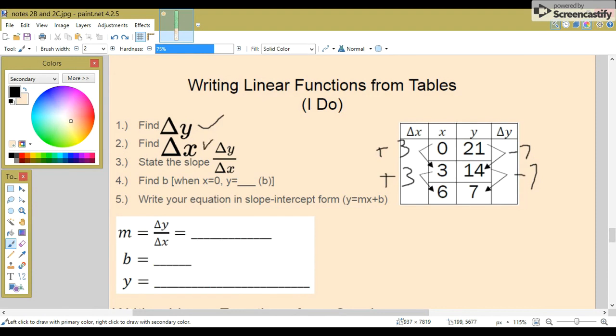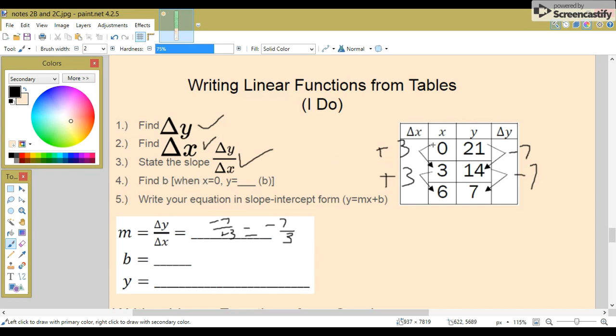So that's step 2. Step 3, state the slope, delta y over delta x. So the change in y is negative 7, the change in x is positive 3. Negative 7 over positive 3 is negative 7/3. That's our slope, m. Step 4, find b.